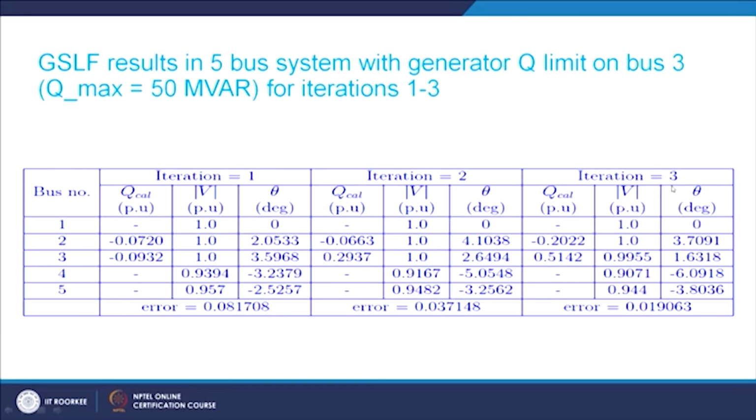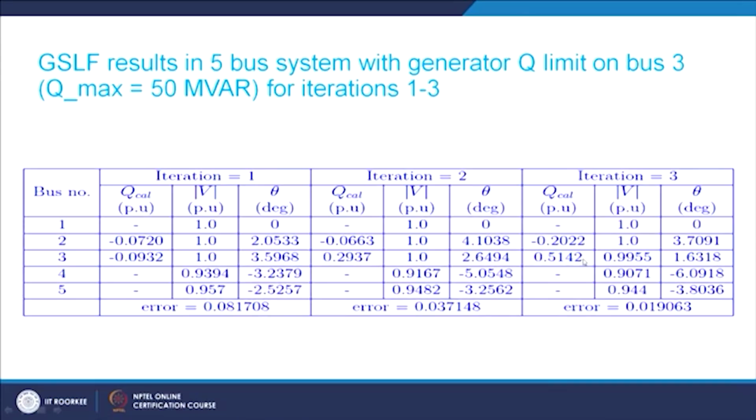At iteration 3, the calculated reactive power at bus 3 becomes 0.5142 per unit, but my limit is 0.5 per unit. So Q cal is more than Q max, so it is exceeding. Because it is exceeding, this generator won't be able to supply 0.5142.